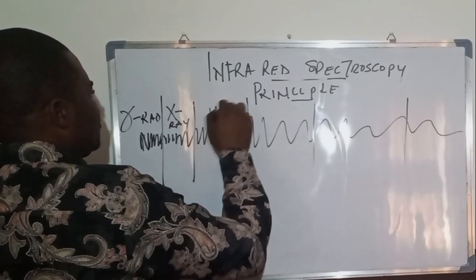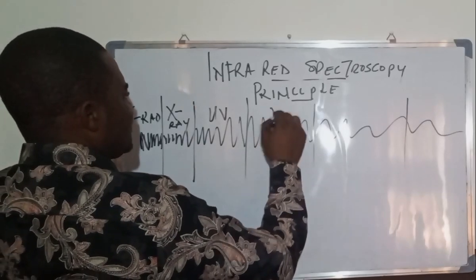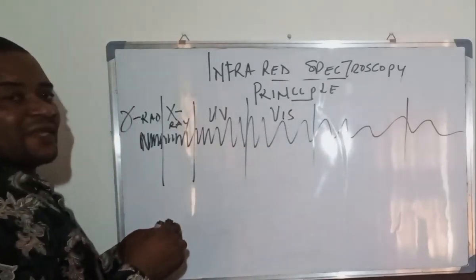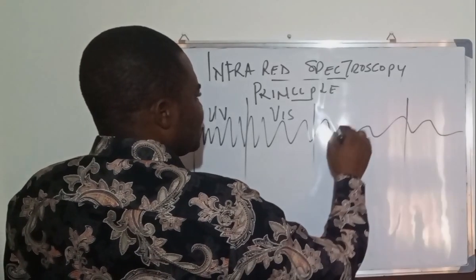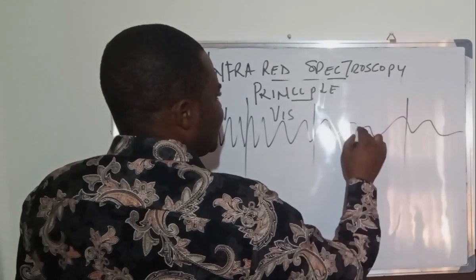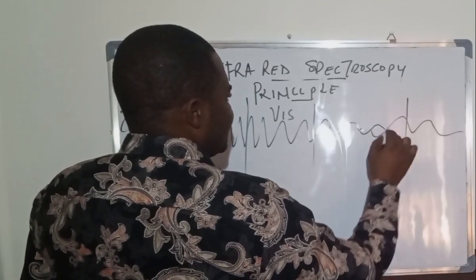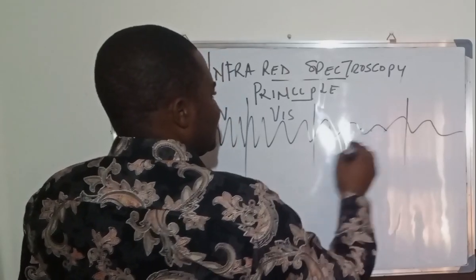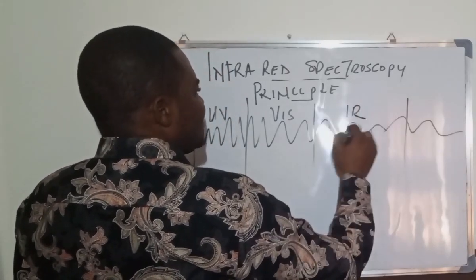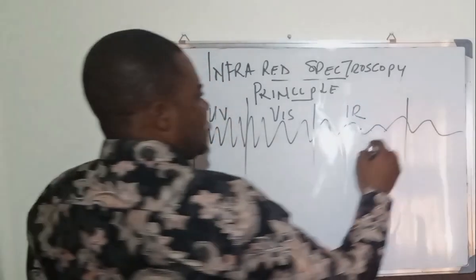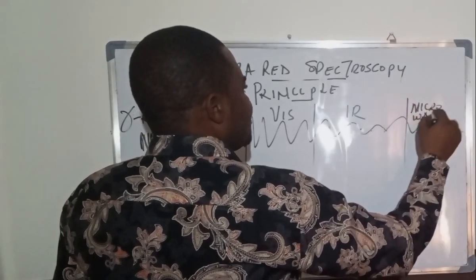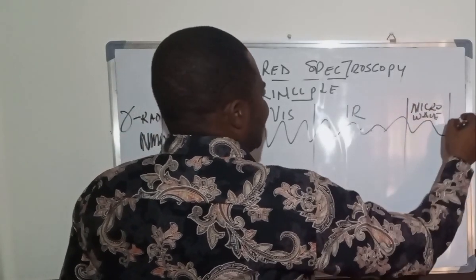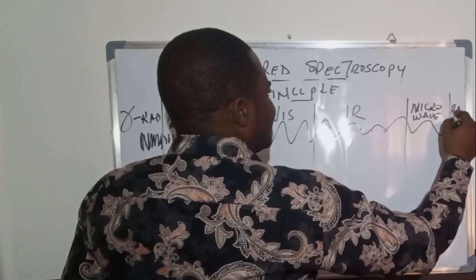This of course is your UV radiation. This is your visible radiation, and here is your IR, infrared radiation. And then you also have microwave radiation, and finally you have radio waves.